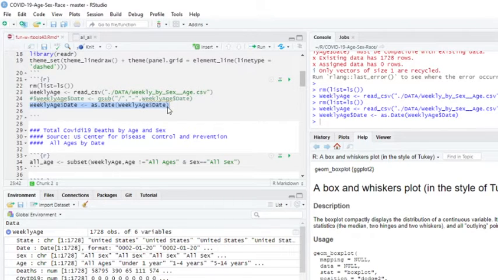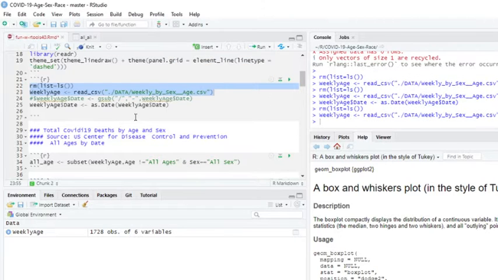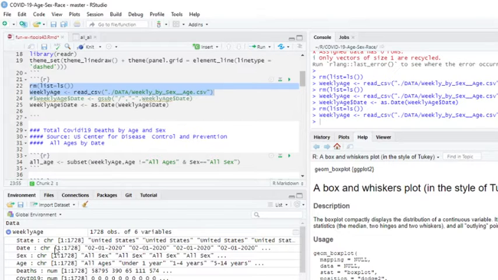Okay, so we do have to come back up here, run that. You can see what it is here.